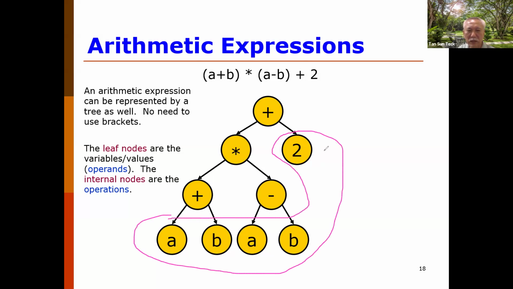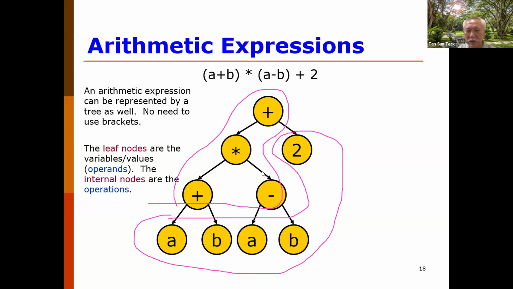Okay, so you notice that they are either values or variables. Then the internal nodes, including what they call the root node, are all operators. Okay, so you can see that values are all stored inside the leaf nodes, and then the operations are all stored inside the internal nodes.